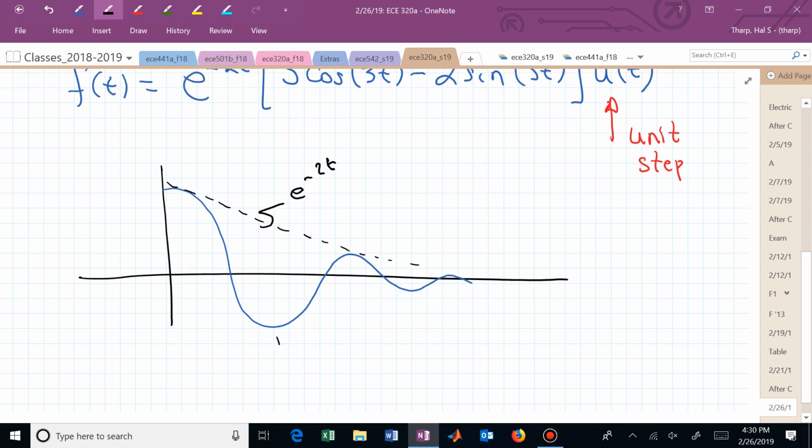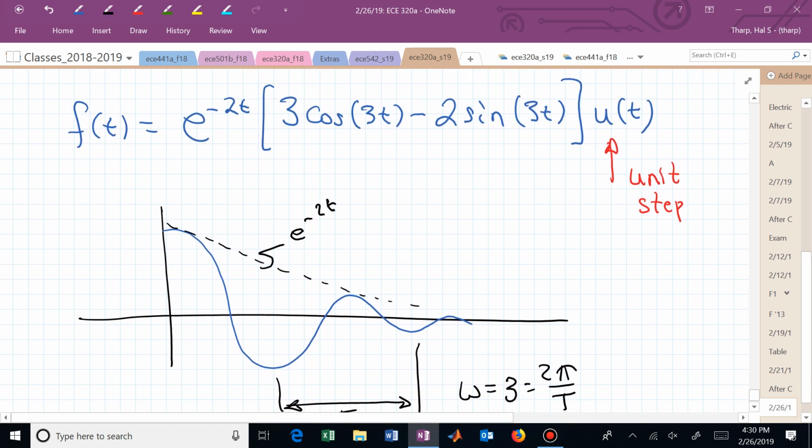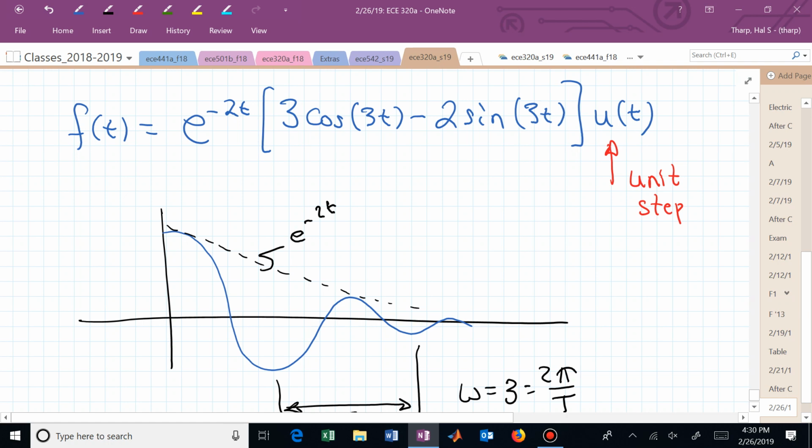This 3t is determined by T, so that omega is 3, equal to 2 pi over T. So if you found capital T, you could divide it into 2 pi and get the 3. I didn't answer your question, did I? He said unit step. What?